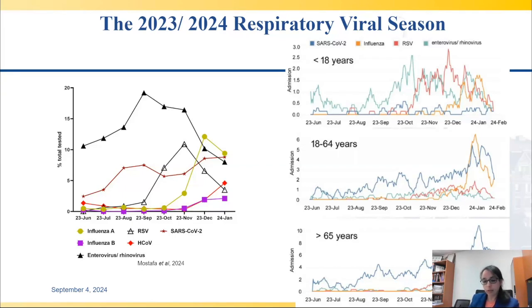This was in contrast to older age groups, where admissions were associated more with influenza and SARS-CoV-2. This is quite similar to the data that Kaisha showed. This indicated that enterovirus, although very infrequently tested for and diagnosed, is clinically a significant pathogen.